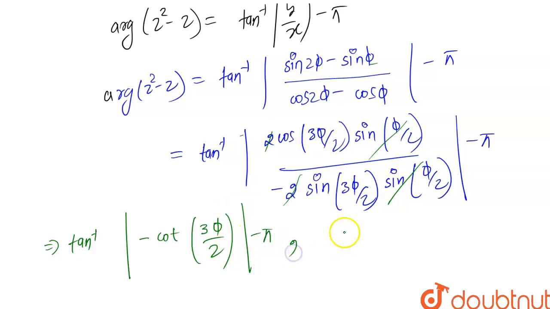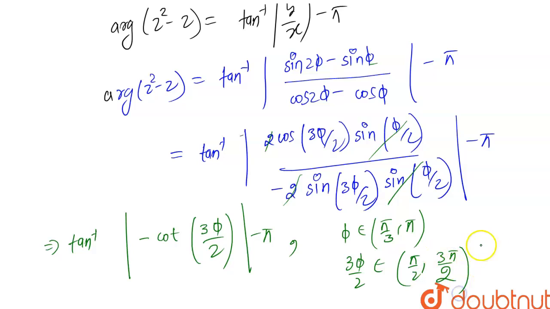Now we know that phi belongs from pi by 3 to pi, so 3 phi by 2 belongs from pi by 2 to 3 pi by 2. It means 3 phi by 2 lies in the second quadrant and third quadrant, but we know that the value of tan and cot is positive in the third quadrant.